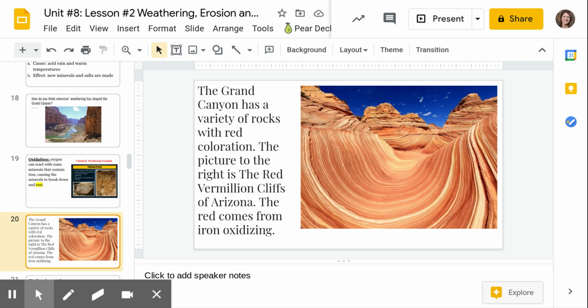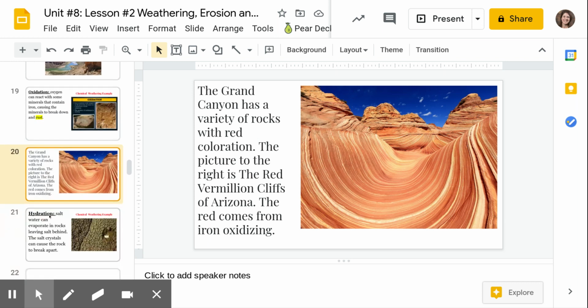So when these rocks formed with the iron in them, they eventually, once they got exposed to acid rain on the Earth's surface, and oxygen, which is already present, they then kind of rusted and create that red coloration. So there's lots of red rocks in the Grand Canyon caused by that chemical weathering. So eventually the iron kind of changes and the color ends up becoming different.